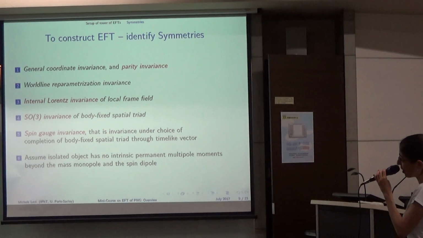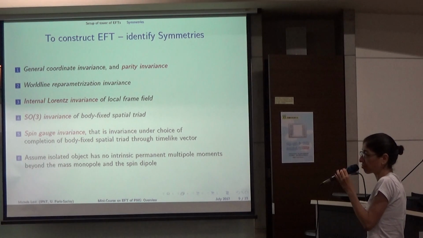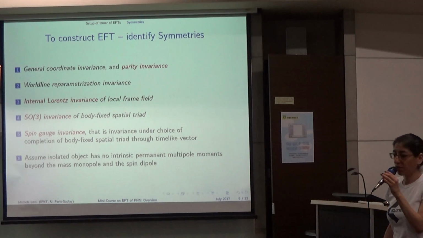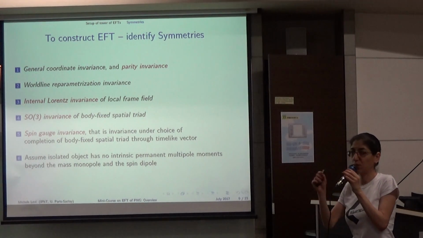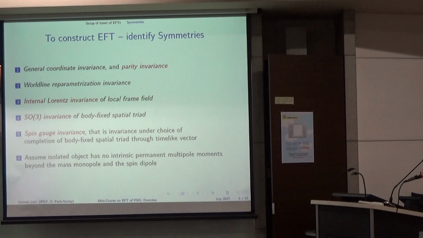We have the SO(3) invariance of the body-fixed spatial triad. And there is something rather tricky, the thing that represents the freedom to choose the center in the spinning particle that I was trying to describe earlier, which we dubbed spin gauge invariance.